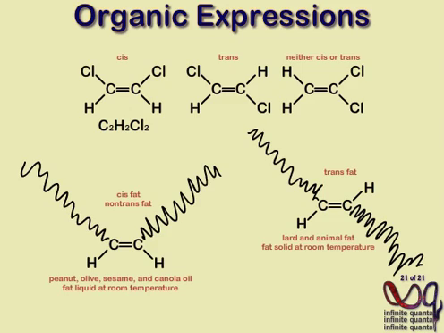With the double bond in trans, these long carbon chains can stack on top of each other like logs on a truck. See how it's sort of just straight? Whereas cis, see how it's now kinked? They can't stack on top of each other because they're kinked, whereas the trans, they could stack just like logs.